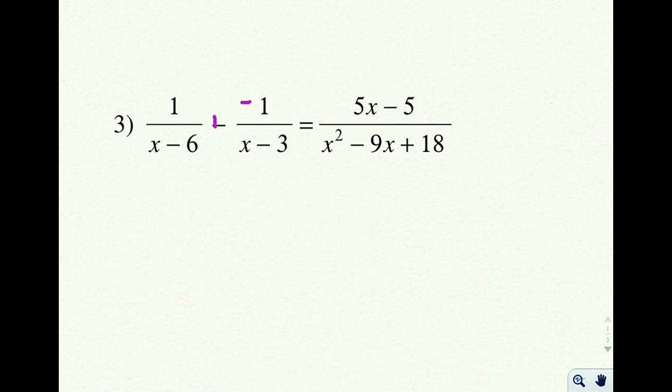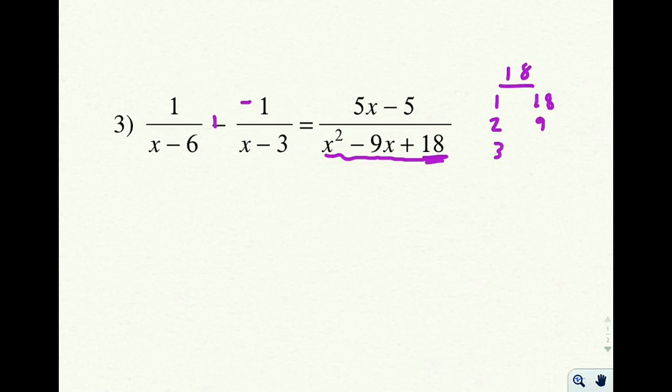Now, when I look at this denominator over here, I want to factor that because it will help me see if I have any common elements, and I'm hoping that there's an x minus 6 or an x minus 3 that shows up in those factors. So two numbers that multiply to 18 and add to negative 9.